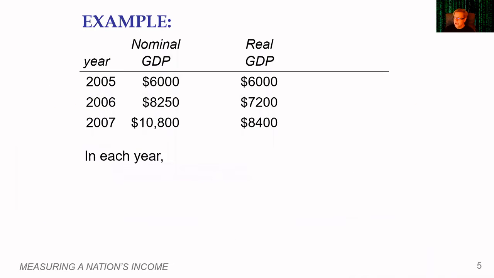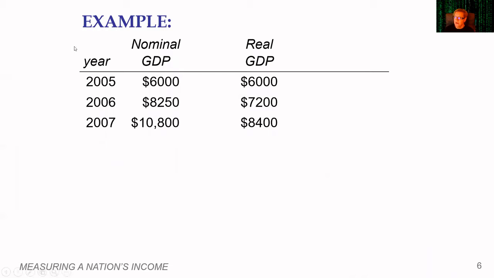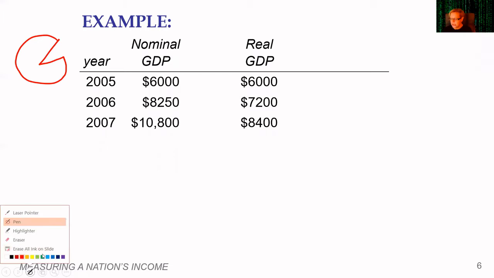Again, this just illustrates the differences between nominal and real GDP. Okay, so let's look at this inflationary piece. Now, inflationary piece, again, a rise in the price level. So we're going to be examining just this piece right here, which is inflation.